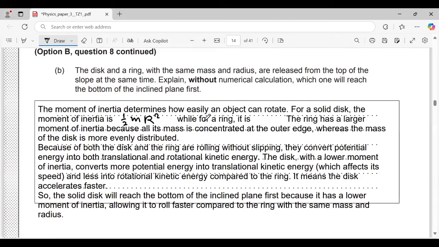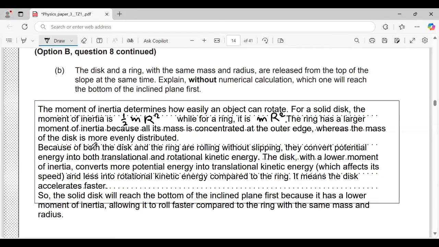While for a ring, it is m r squared. The ring has a larger moment of inertia because all its mass is concentrated at the outer edge, whereas the mass of the disk is more evenly distributed.